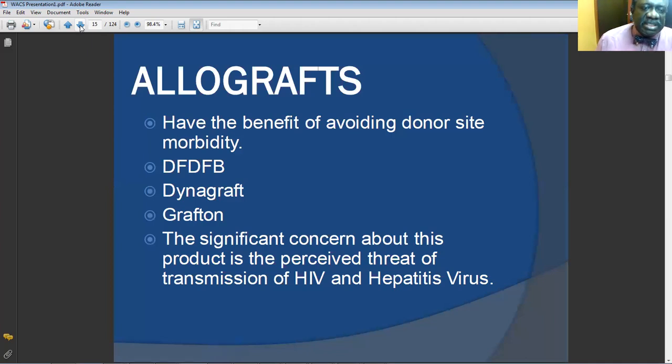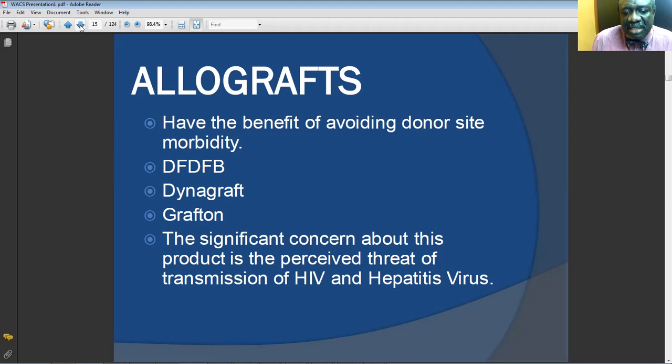Allograft, these are bone that you are getting from another human being. And it has the benefit of avoiding a donor site from the person that you are preparing for implant. So there is no additional donor site morbidity, and Dynagraft, Grafton, and demineralized freeze-dried bone are examples of allografts.